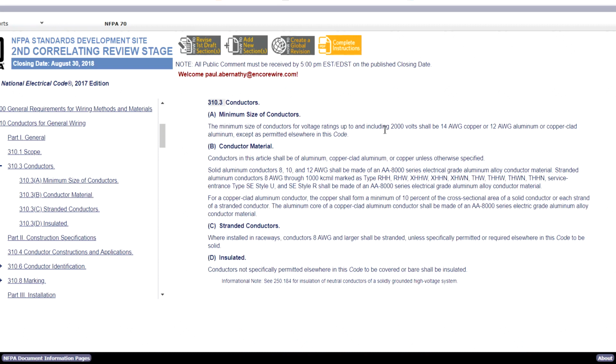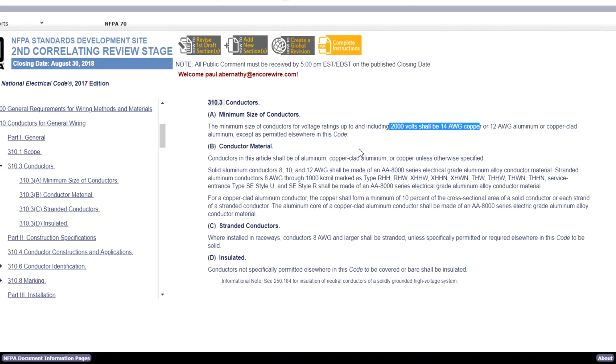Nothing significantly changed in this one. That's why we'll keep this video pretty short. There are some things I like to call out because I get these questions all the time. The minimum size conductors for voltage ranges up to and including 2,000 volts shall be 14 AWG. That's the minimum size for the circuit conductors that we use within the National Electrical Code. This has nothing to do with applications in 725 where we might have signaling and control.